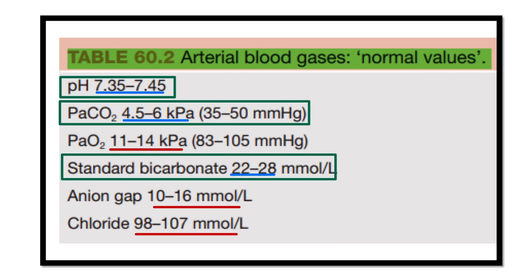So these are the normal arterial blood gas parameters. Partial pressure of oxygen is 11 to 14, anion gap 10 to 16, chloride 98 to 107. You have to remember these parameters very carefully because they are very important to solve the ABG report.